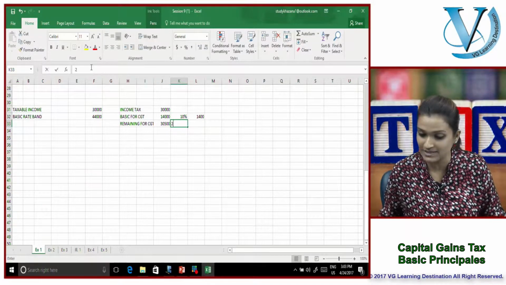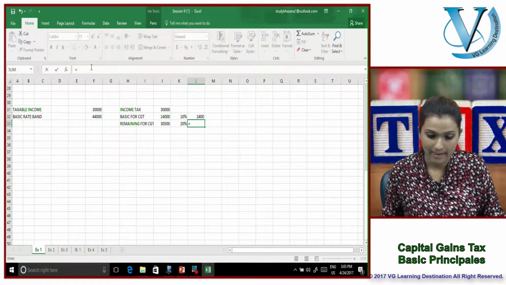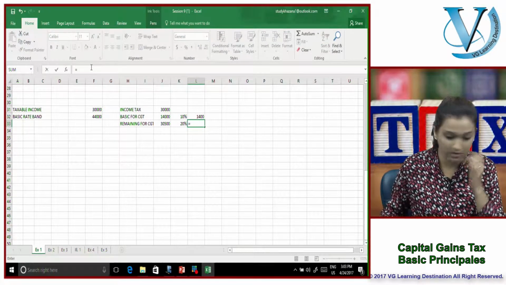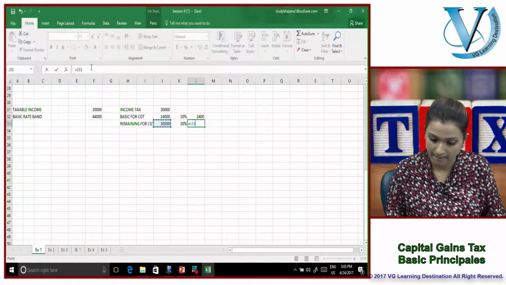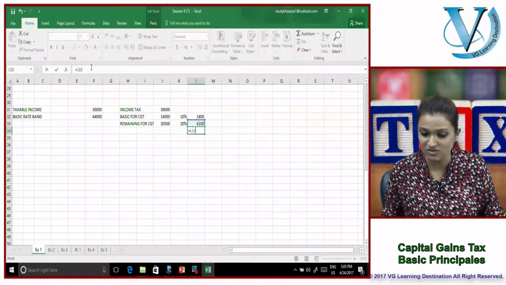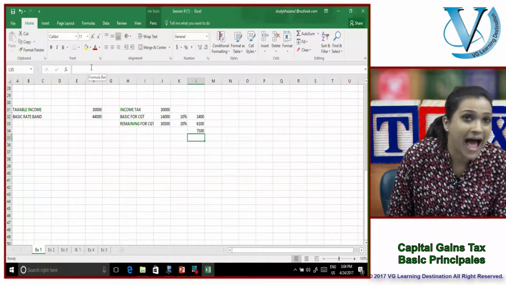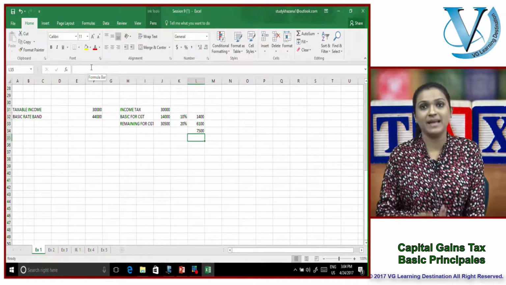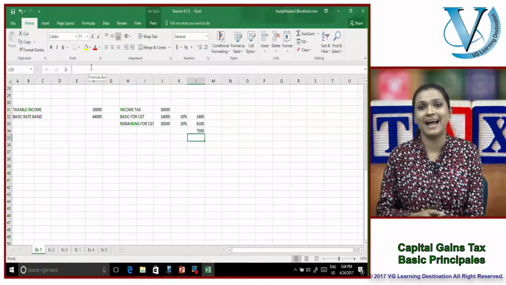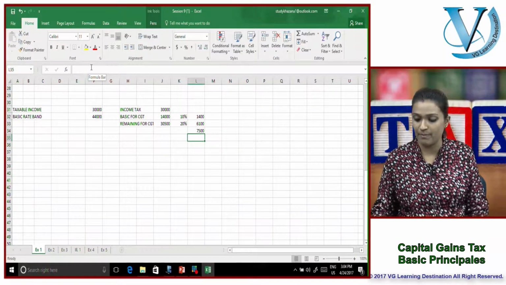The remaining becomes taxed at 20% higher rate, which is going to be how much? So very simply, what has this resulted? An extension in the basic and higher rate band has thus made me pay CGT at a lower rate, at the basic rate band of 10%, for 14,000 pounds.